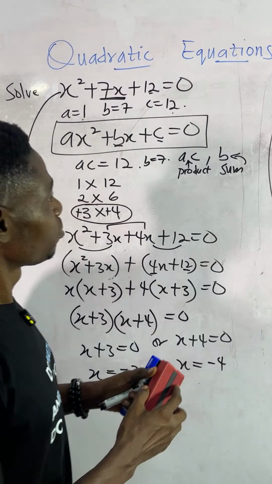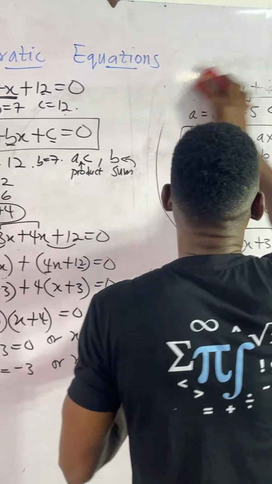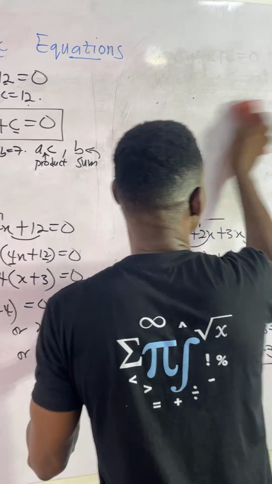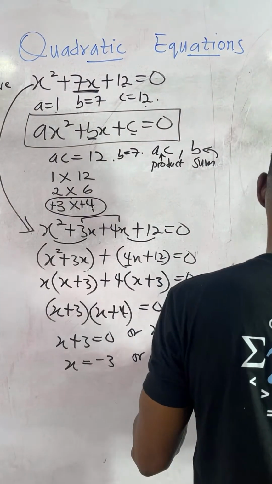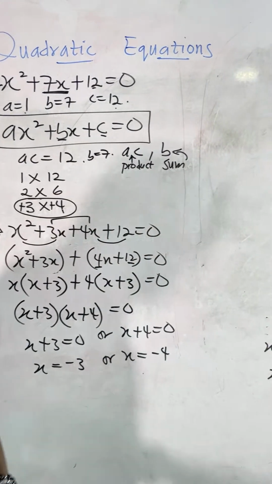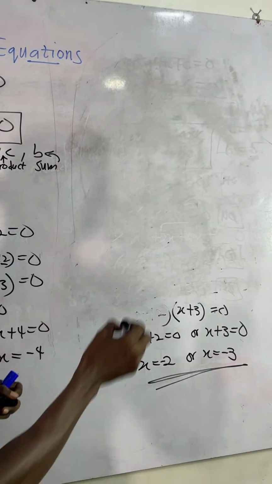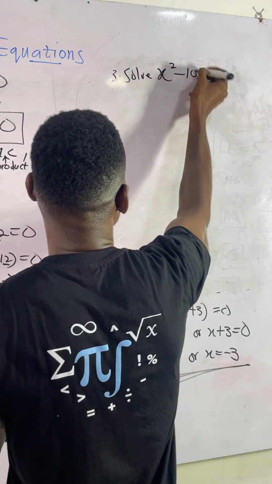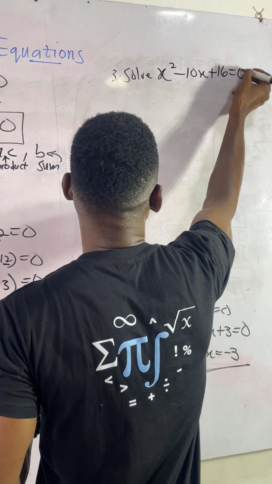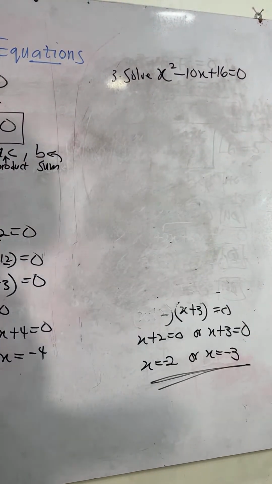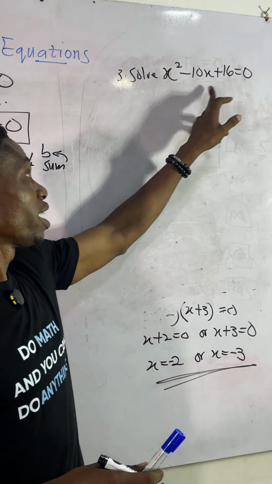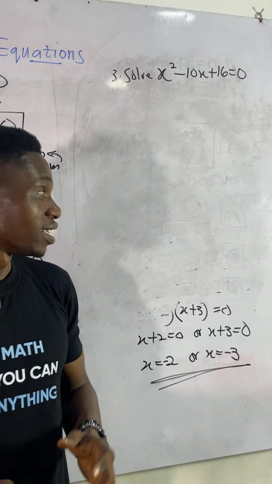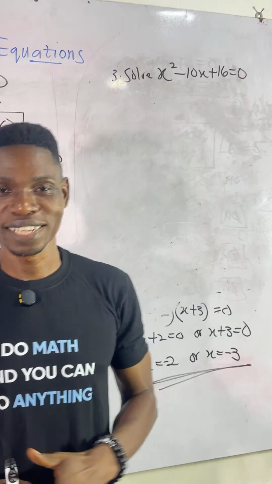So let me bring it here. x squared minus 10x plus 16 equals 0. Okay, so you have it clear. x squared minus 10x plus 16 equal to 0. So your time starts now. 60 seconds counting.